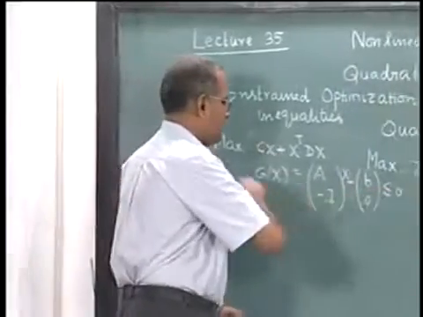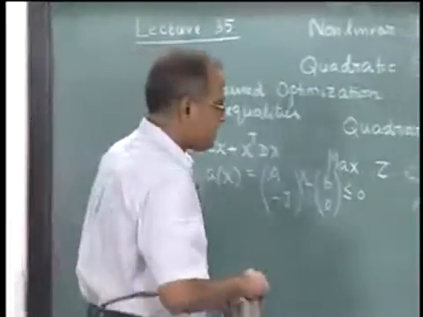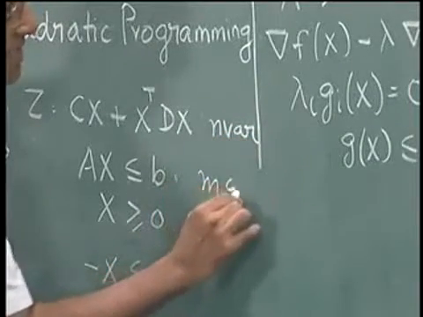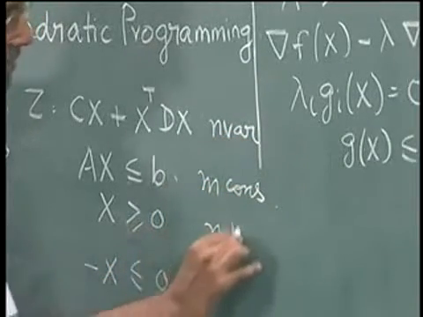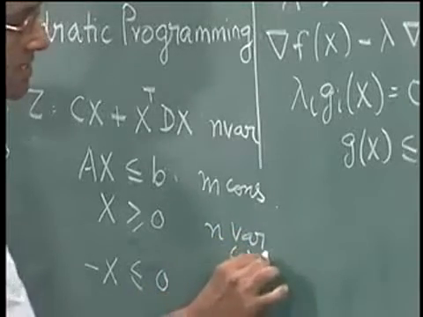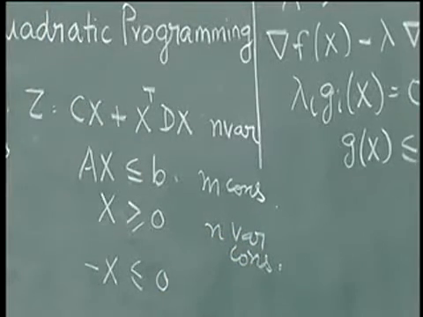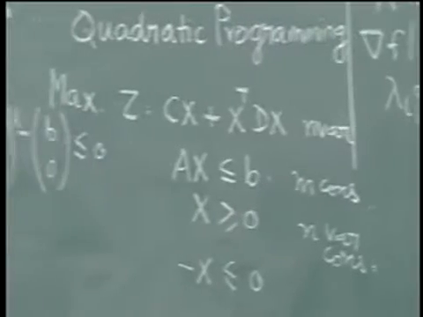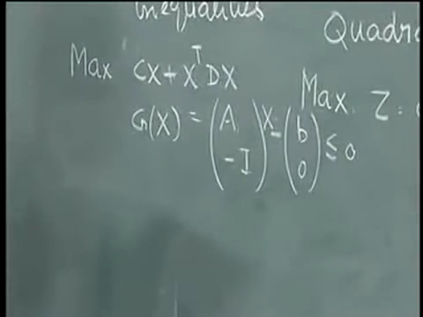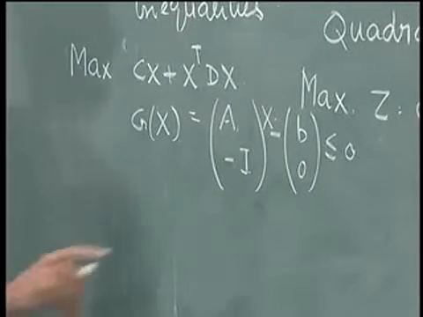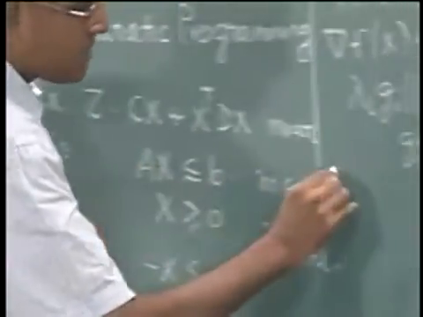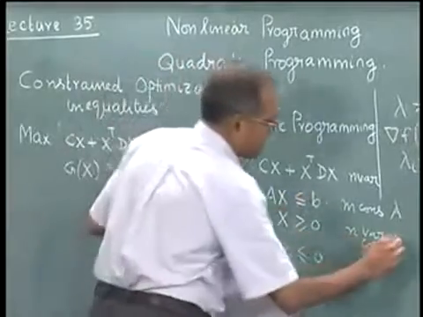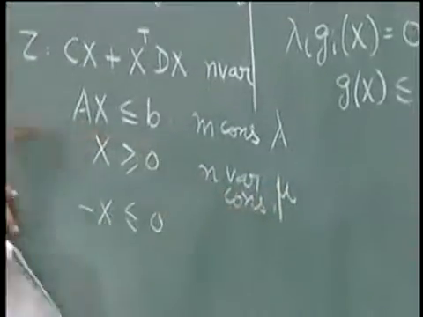So this is the general set here. Now again we have n variables and m given constraints, and again n variables here, therefore n constraints, because x greater than or equal to 0 is now treated as an explicit constraint. So when we start writing the Kuhn-Tucker conditions for this, we introduce Lagrangian multipliers lambda for this, and we also introduce Lagrangian multipliers mu for this.